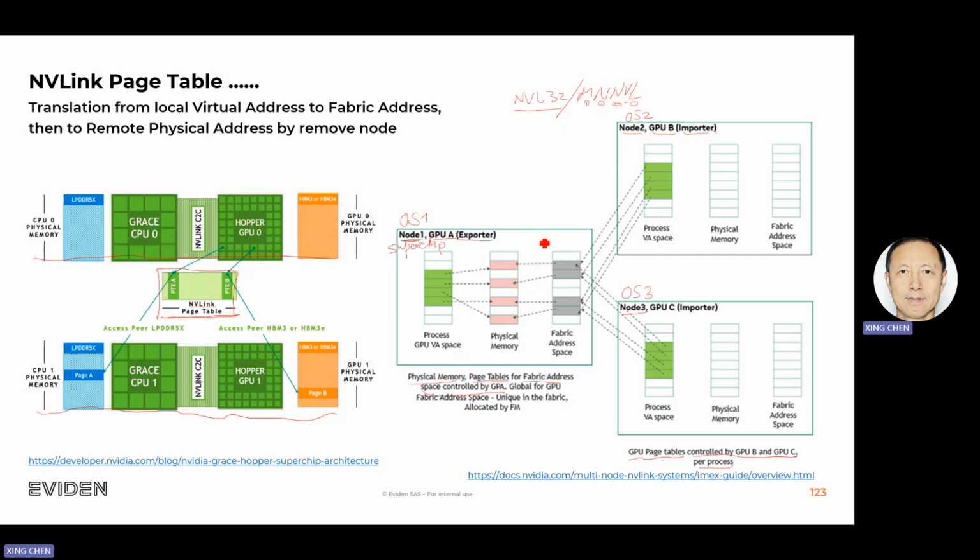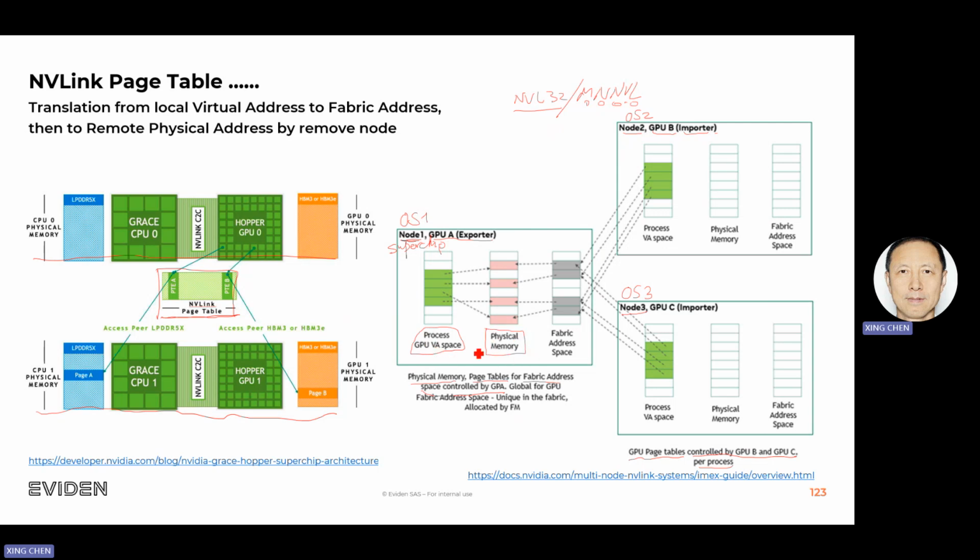We need to spend time just to think about that. Now, normally a GPU is going to have its own page table to do the virtual address to physical address translation.